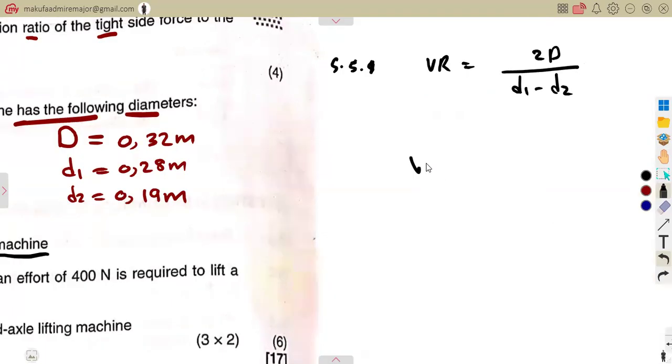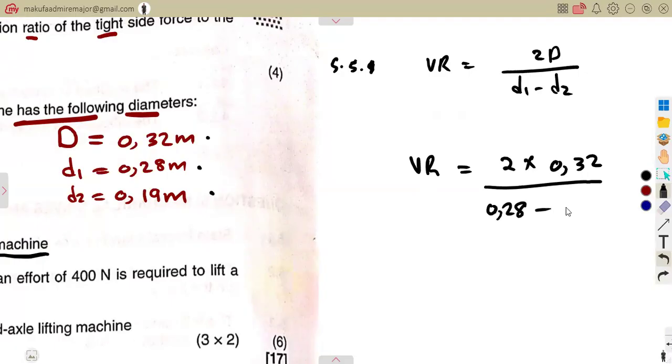So guys, revise, know your formula sheet, understand your formula sheet. So 2 times D, 0,32, everything over D1 minus D2. So that's 0,28 minus D2, 0,19. So that was going to give us the velocity ratio of 7,111.